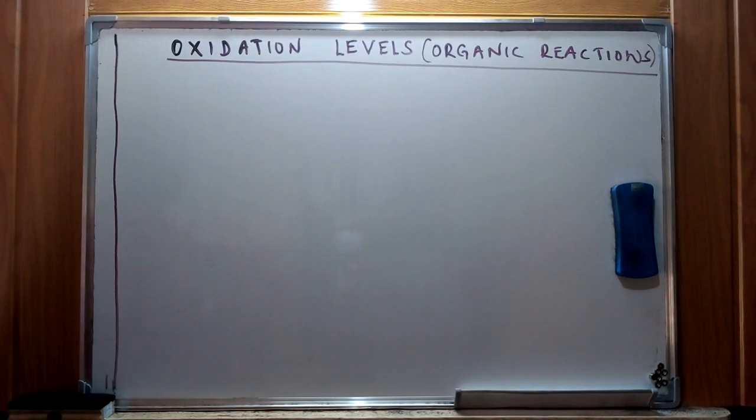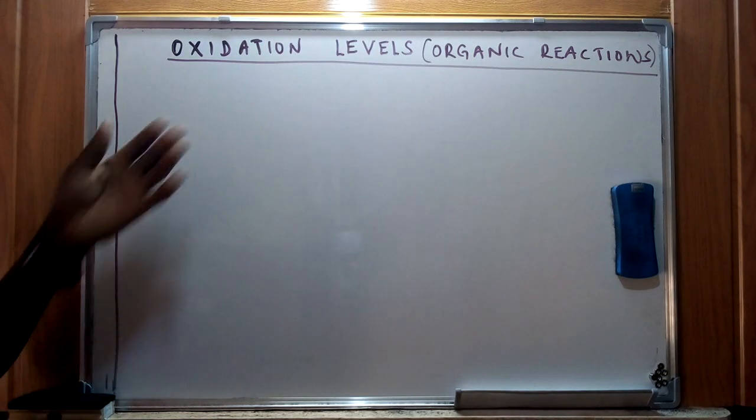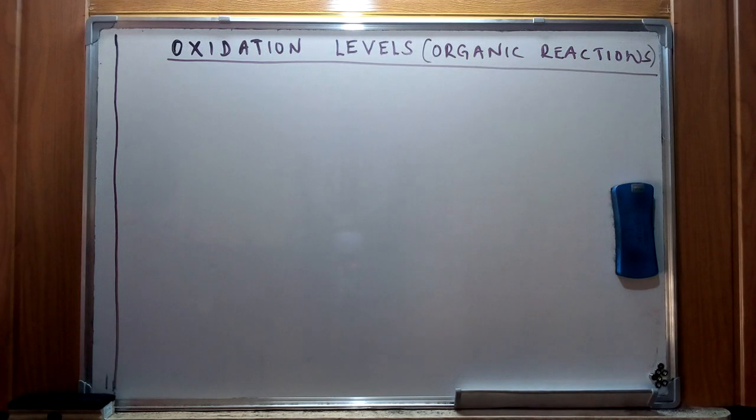So today's discussion is going to be an emphasis on the concept of oxidation numbers, especially in organic reactions. Now we're going to create a contrast between oxidation levels in organic reactions and the normal oxidation that we assign particularly to cations and anions.